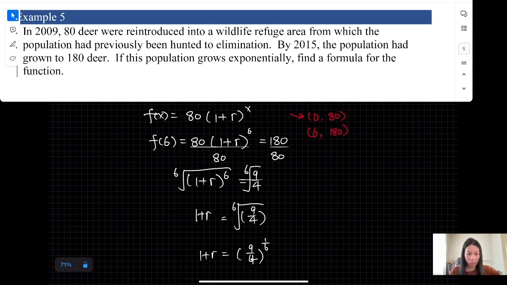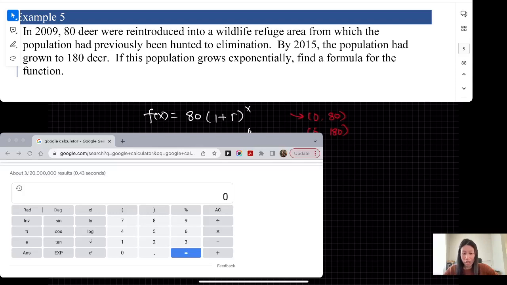I'm going to show you how to do it with a Google calculator. If you open a Google calculator, you will put 9 divided by 4, which is the base, and then the exponent, you put a parenthesis and put 1/6, which means 1 divided by 6. So that's how you put it in your Google calculator.